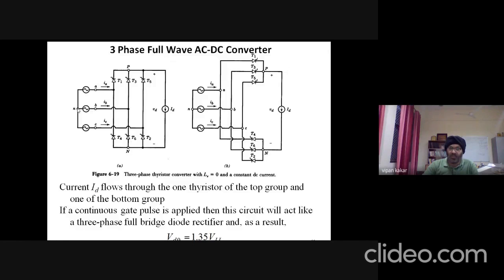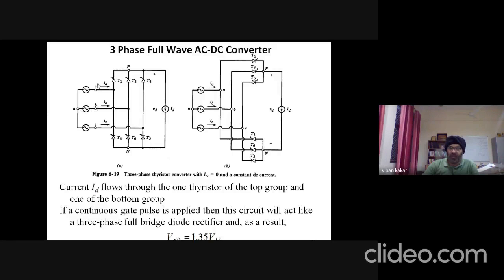So this current covers the path from A to B: it starts from A, goes through T1 to the load from top to bottom, and comes back through T6 and phase B to the neutral.